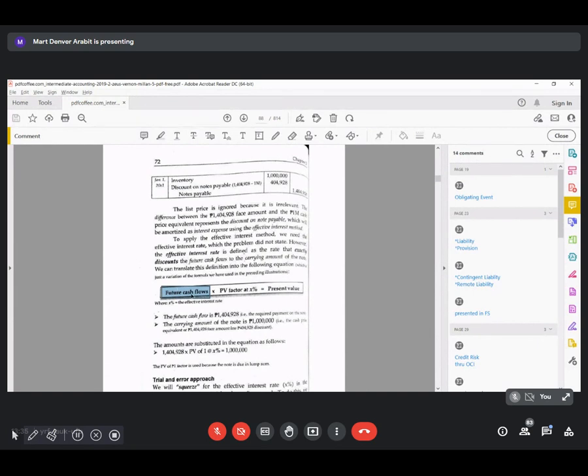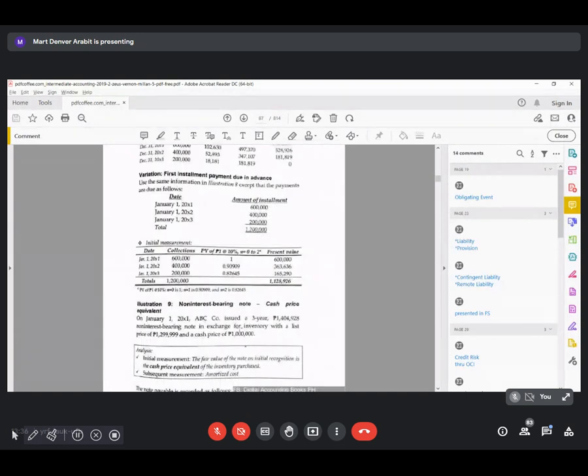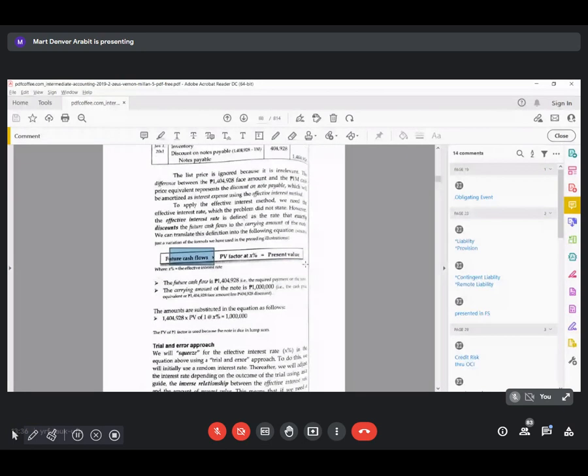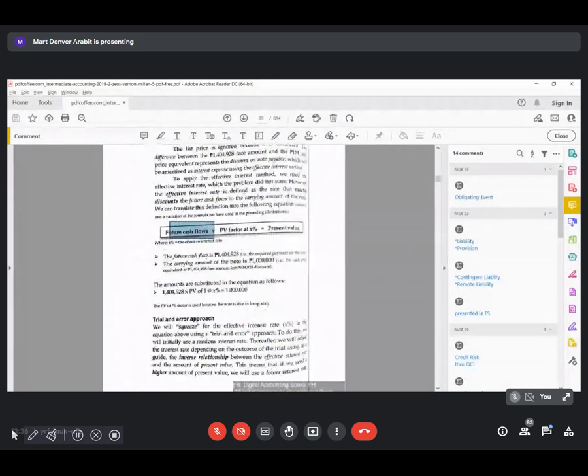So, available naman siya. But in this case, hindi available yung present value factor, which is hindi given sa example, di ba? Wala nakalagay since non-interest bearing siya. Given yung present value, given yung future cash flows. So, gagamitan mo siya ng trial and error approach.